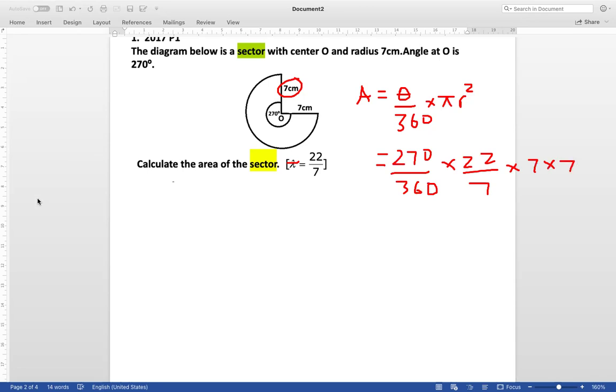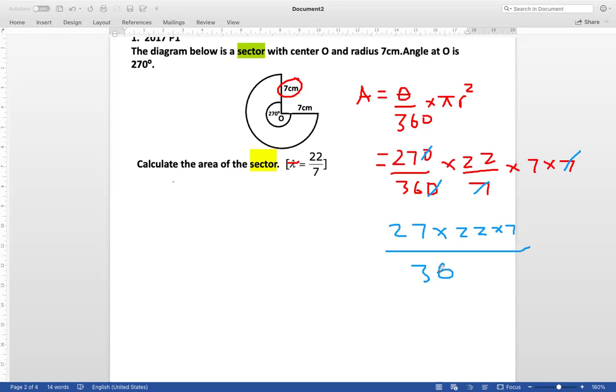Without wasting much time, the 7 cancels another 7. We can have a 0 and a 0, so that we only remain with 27 multiplied by 22 multiplied by 7, divided by 36.